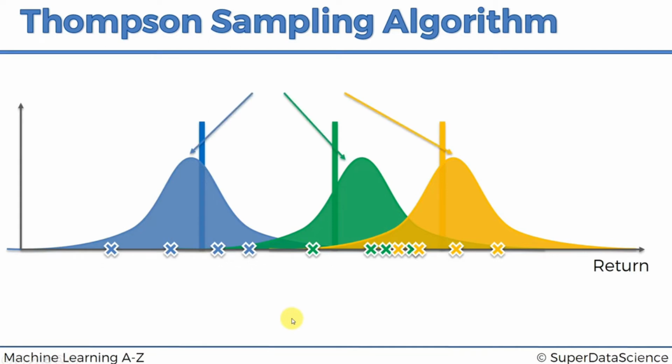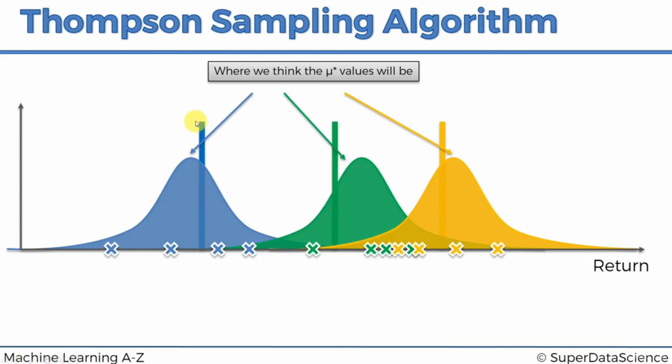So let's just solidify that. This is where we think the actual expected values will be. So let's look at the blue one, for instance. We got 4 values, and based on those 4 values, we've constructed this distribution which is showing us where that value mu star is.